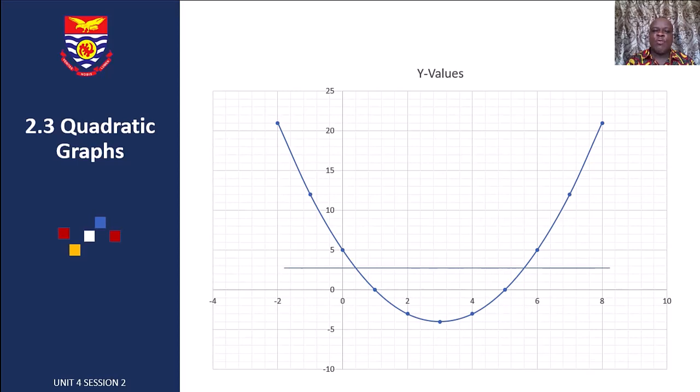You will see that it starts from the left and then it descends down to where you have x equal to 3. Then from there, it starts increasing, going up to the last end. So this is the minimum curve for the function.